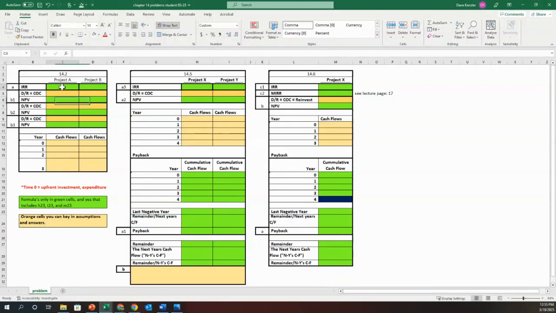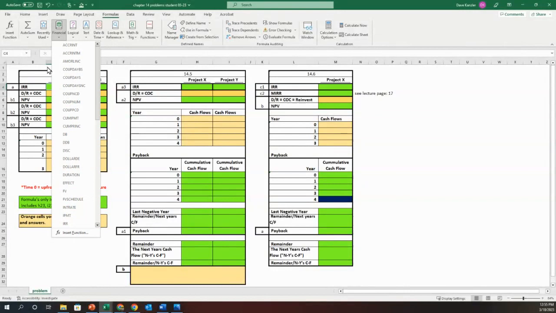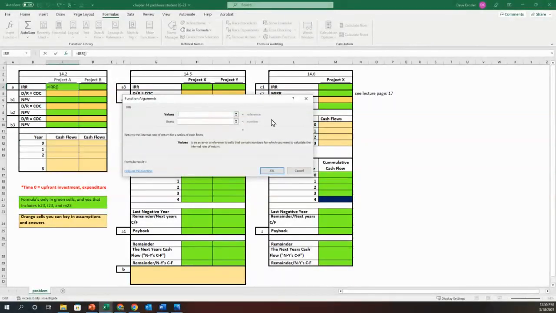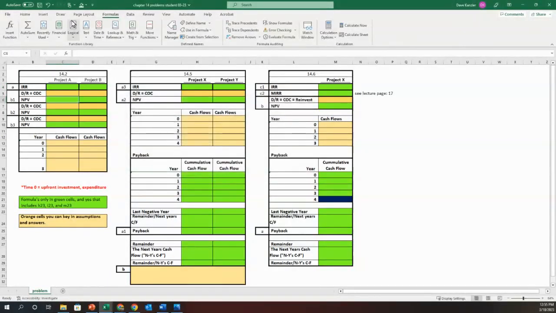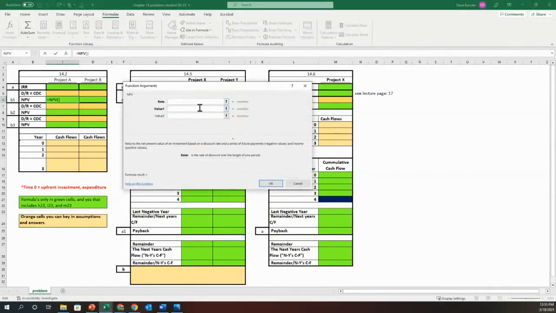And then let's say you're doing the IRR and you get really confused. You can go to formula, financial, IRR, and it'll walk you through it. NPV, financial, net present value.